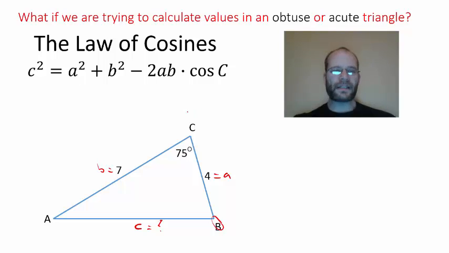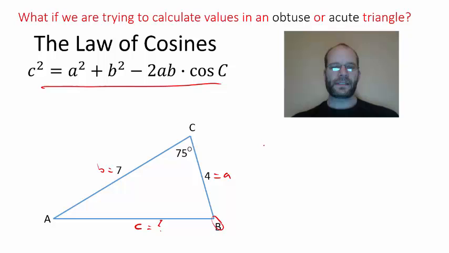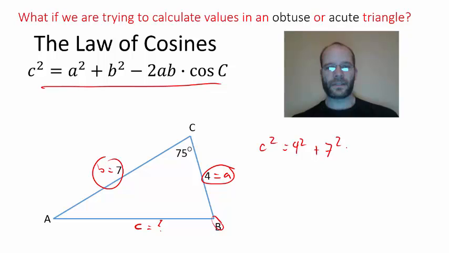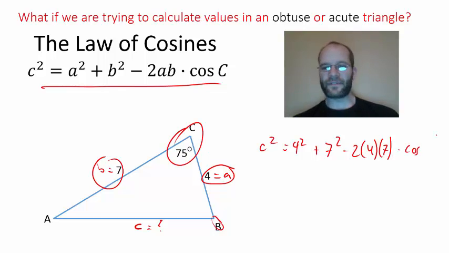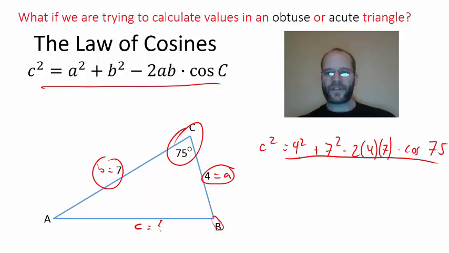Well, we just plug these numbers that we have available to us into the law of cosines. c squared is equal to a squared, so a in this case is 4, so that's 4 squared, plus b squared, minus 2 times a times b times cosine of 75.